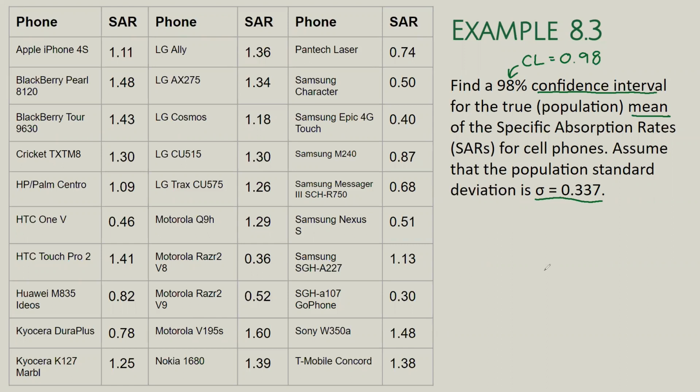The other two pieces of information we need are a sample size and a sample standard deviation. The upside is we know that our calculator can do all of this for us. So let's go ahead and pull up GeoGebra and start entering that information.